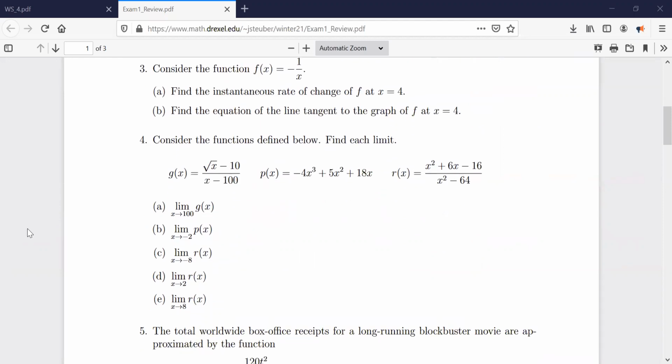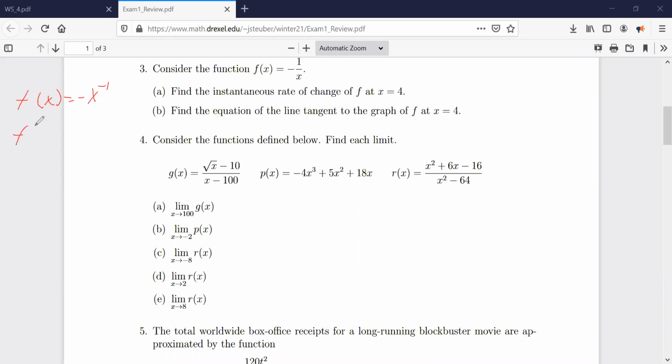So consider the function f of x is equal to -1/x. Find the instantaneous rate of change of f at x equals 4. So the instantaneous rate of change, that just means that we're dealing with the derivative. So I'm just going to rewrite f of x as equal to -x to the -1.